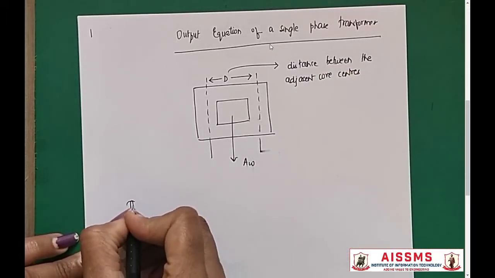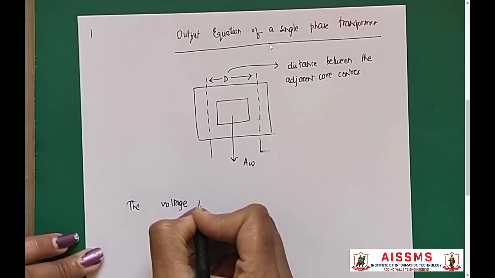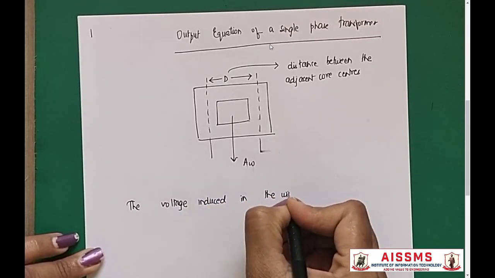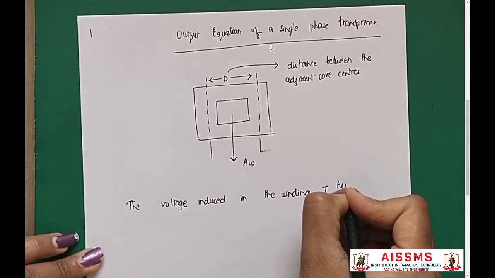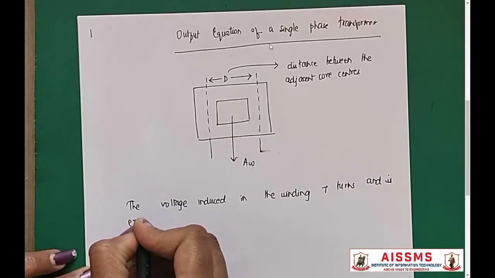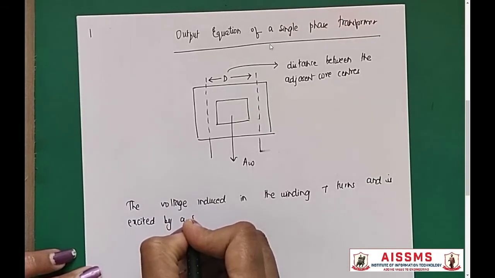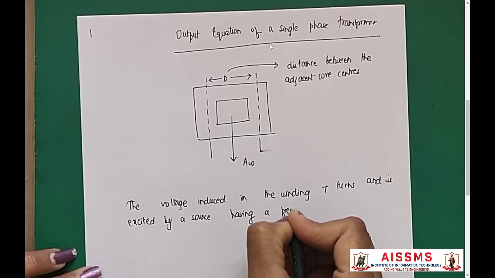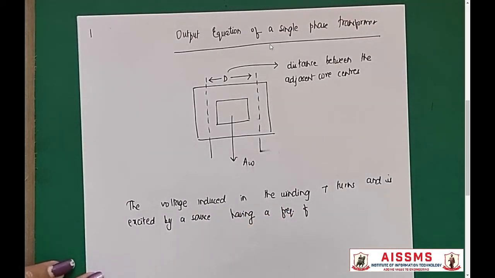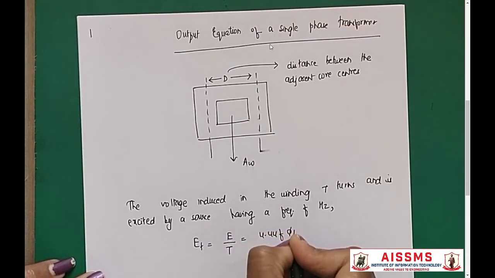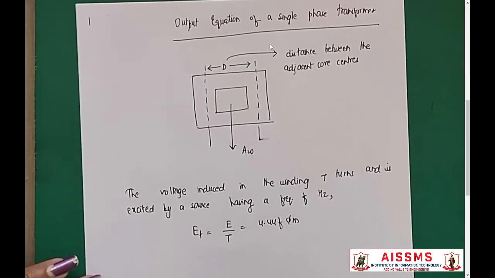The voltage induced in the winding which has T turns and is excited by a source having a frequency f hertz is given by Et, which is E upon T, a general equation, 4.44 f phi m.